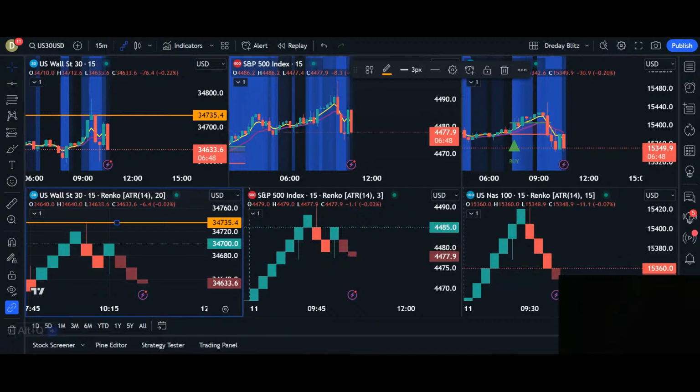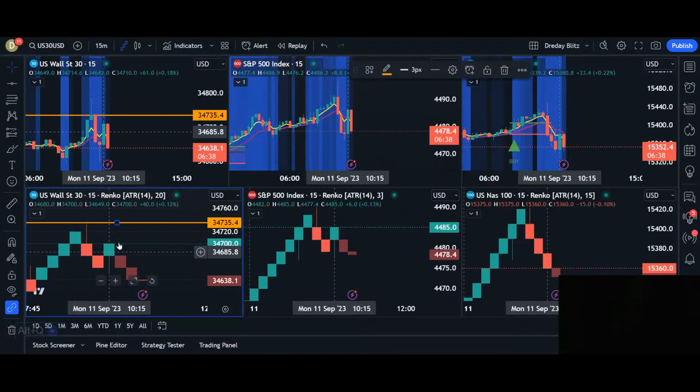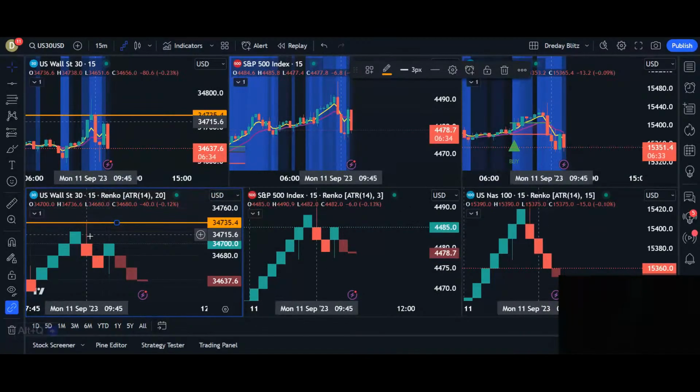Another thing that I didn't notify you guys is that when you have the Renko that is giving you an actual wick like this, and you have a signal coming in, you need to put your stop loss at the top of that wick.